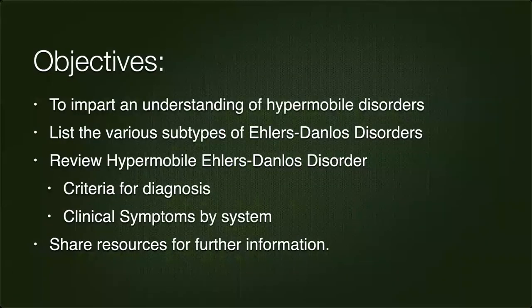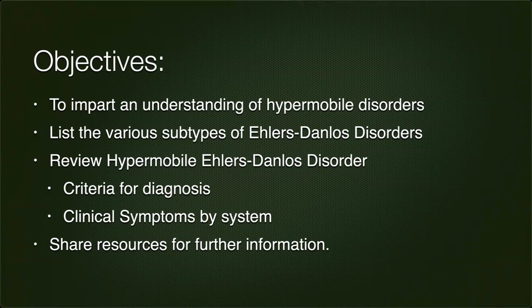The objective of the talk is to expand everyone's knowledge of hypermobile disorders in general, give a brief overview of the subtypes, and dive a bit more into hypermobile Ehlers-Danlos disorder. It's important to note that a lot of hypermobile spectrum disorders with systemic symptoms will have a significant amount of overlap here, so it covers a broad range of symptoms.